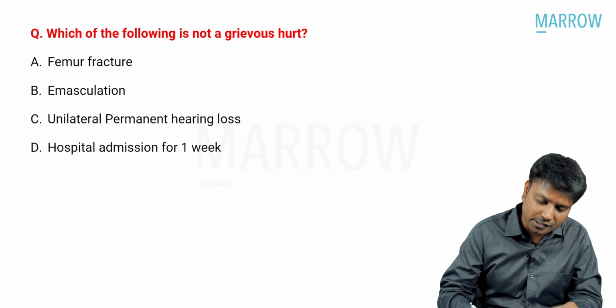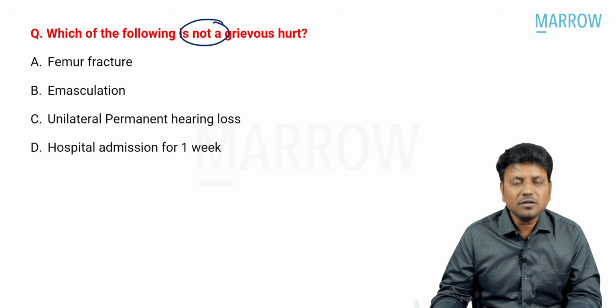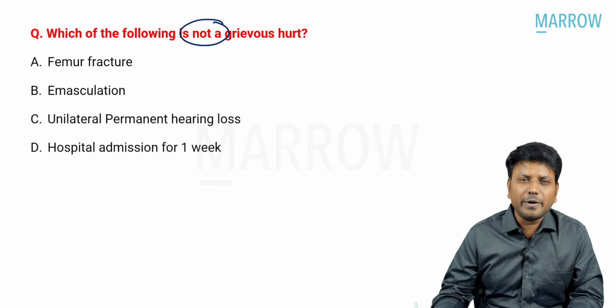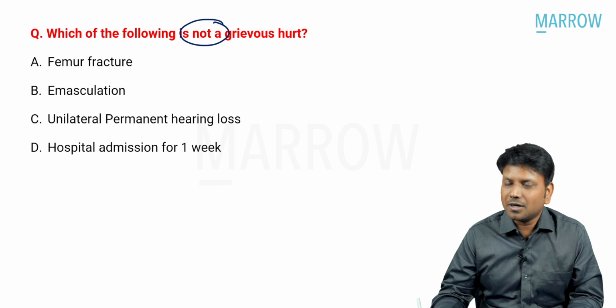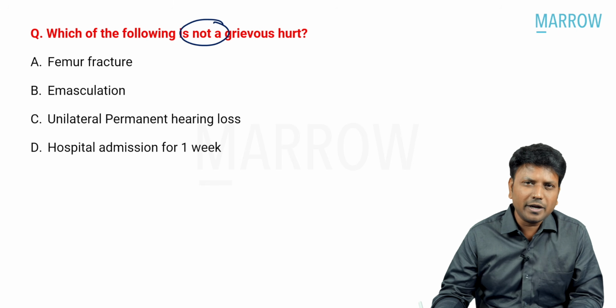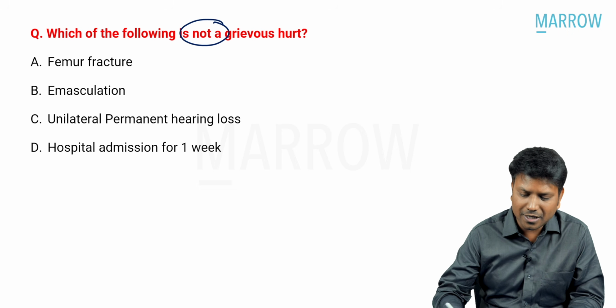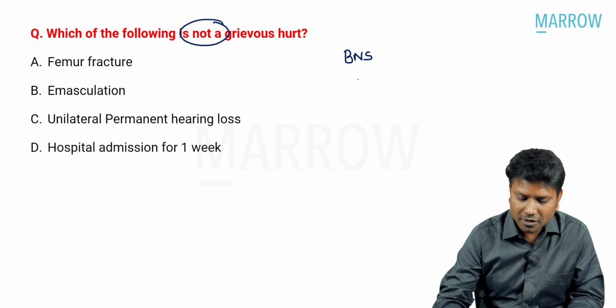Which of the following is not a grievous hurt? This question was asked in 2023 INI-CET November, but now from July 1, 2024, we have the latest legal code coming out, that is BNS, Bharatiya Nyaya Sanhita.